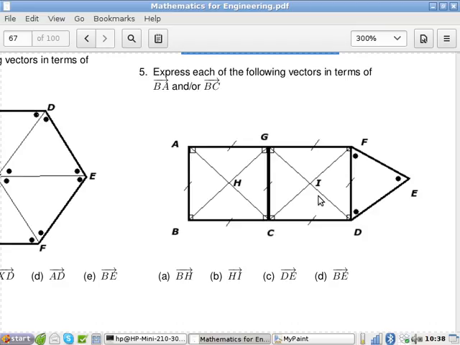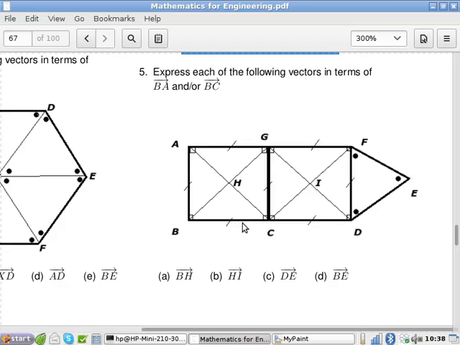Do you want a little hint for DE? I recommend for DE going D to B, then go halfway up, and then go all the way to the right.